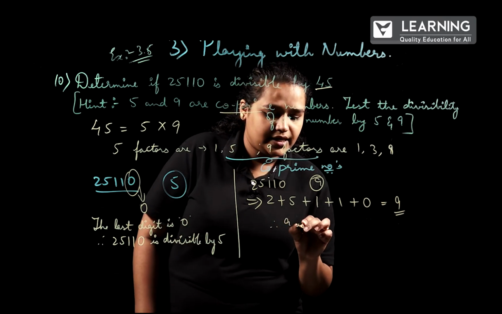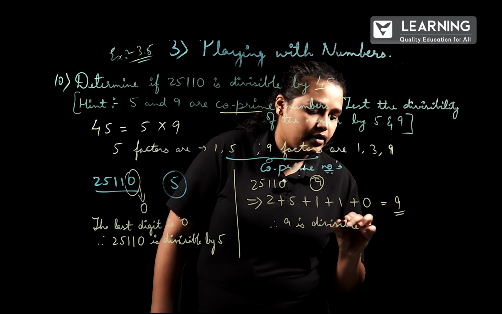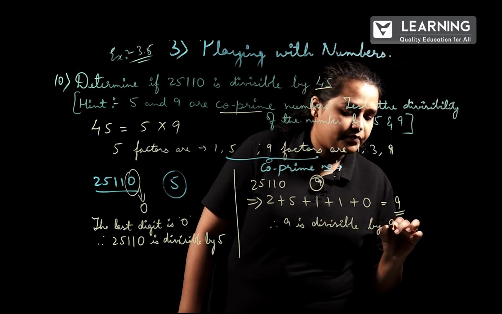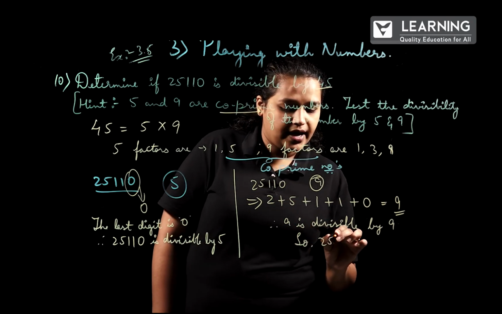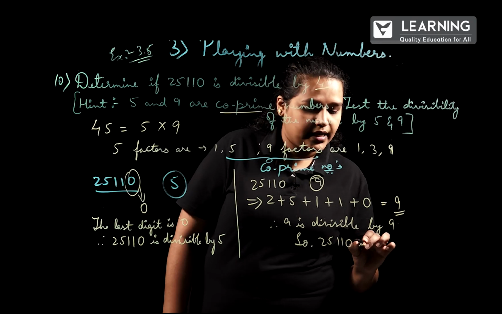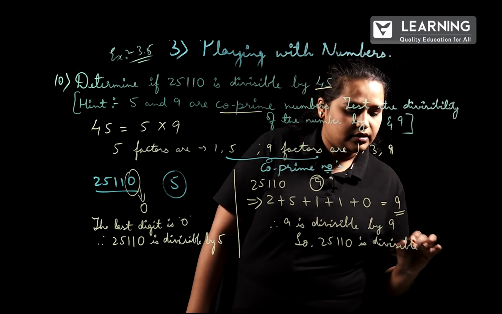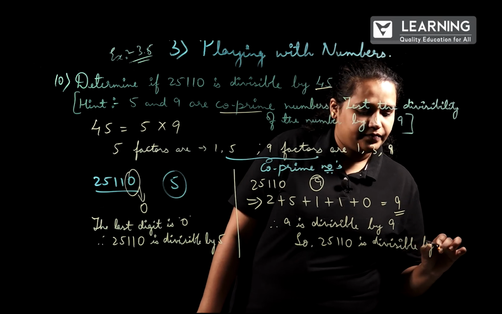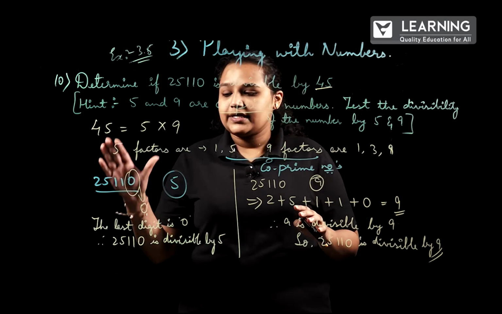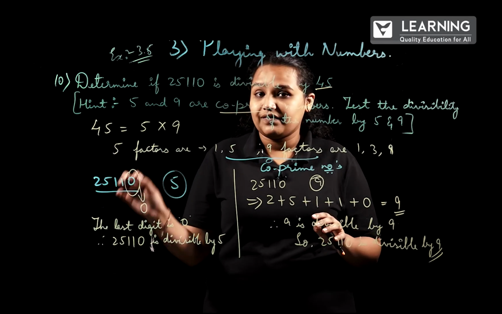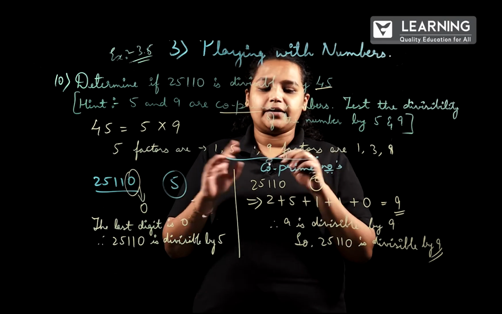Therefore, 9 is divisible by 9. So, 25110 is divisible by 9. So, now we just cross checked that 25,110 is divisible by both 5 and 9.